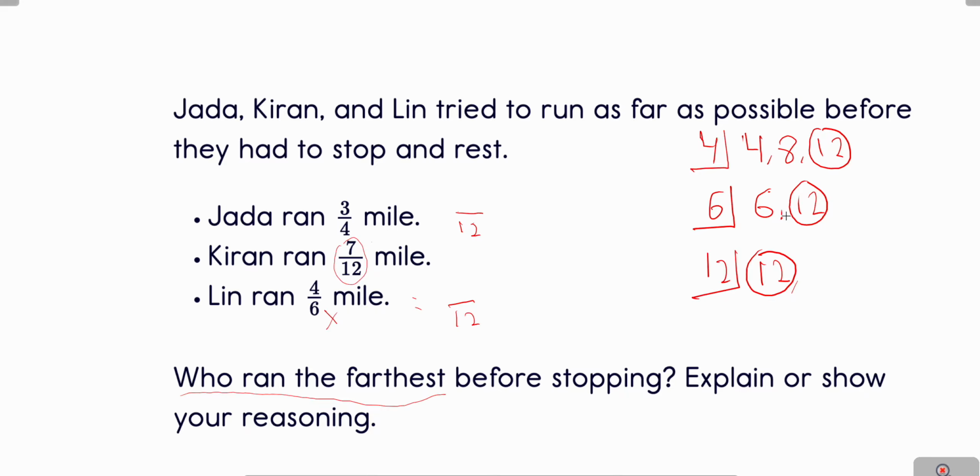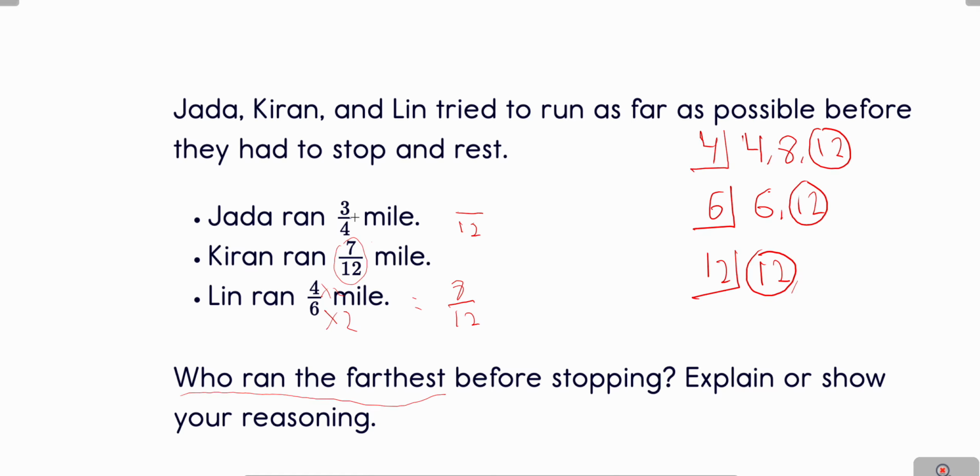If you look at your multiples of 6, you can know that 6 times 2 is 12. Whatever you do to your denominator, you have to do to your numerator. You know 4 times 2, that's 8. So 4/6 is equivalent to 8/12.